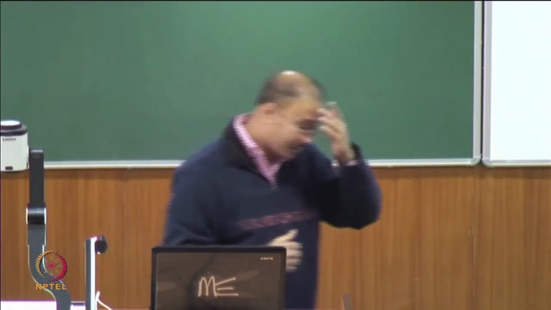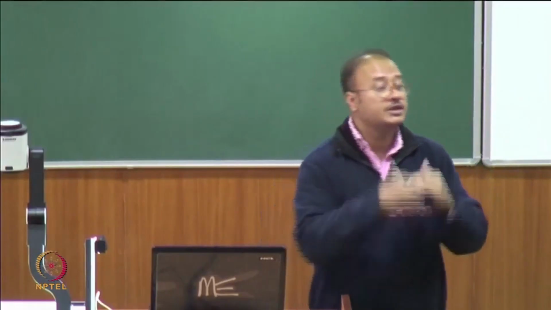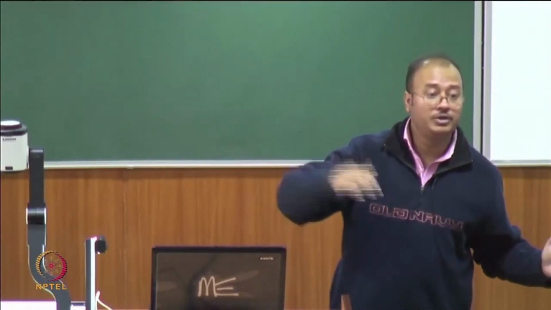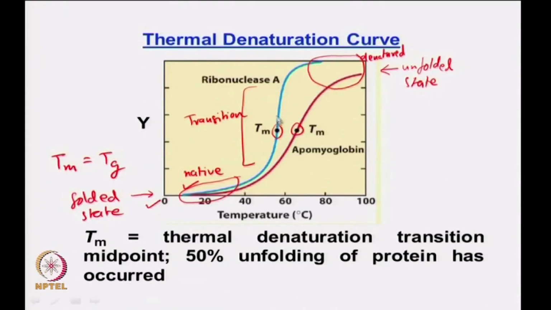So if you are doing any equilibrium measurements, you are better off being in the transition region rather than in the corresponding baselines, the pre or the post transition baseline. So always focus on the transition region, that gives you the best value, because here both the denatured and the native states are populated to a significant extent.